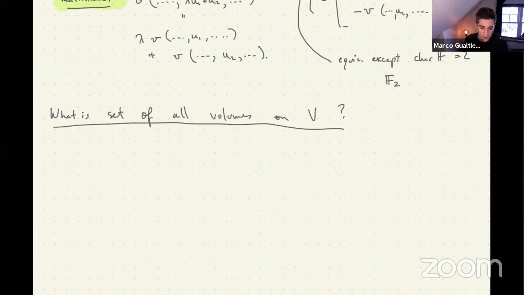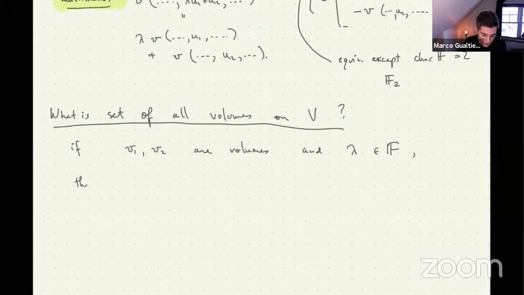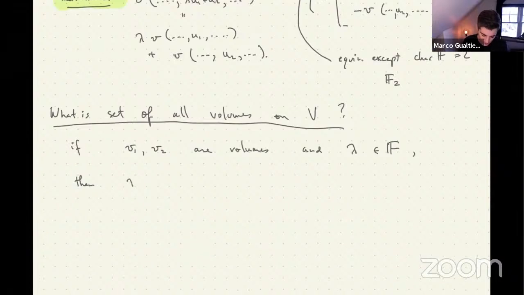Okay, so notice that if V1, or sorry, let me use the curly V, V1 and V2 are volumes, and if lambda is an element of the field, then it makes sense to take a linear combination of them. It makes sense to add volumes together and also to scale them by a scalar.